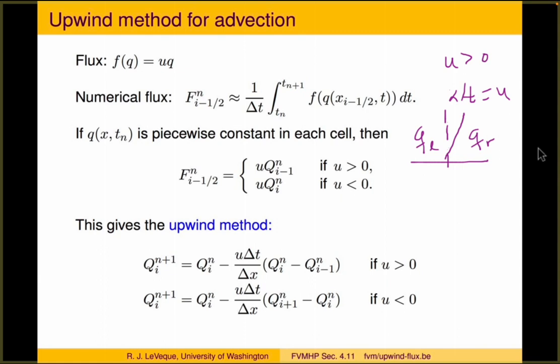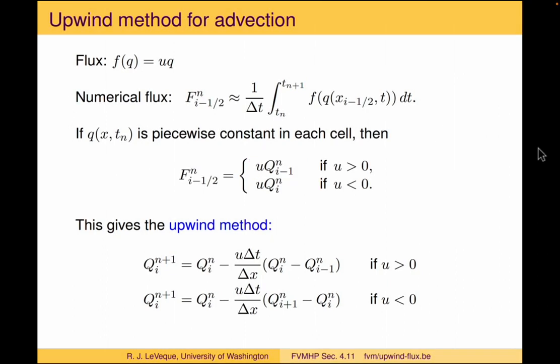If we use this at an interface between cell i minus 1 and cell i, so QL is Qi minus 1 and QR is Qi, then the flux along the interface is just u times Qi minus 1 in the case where u is positive.